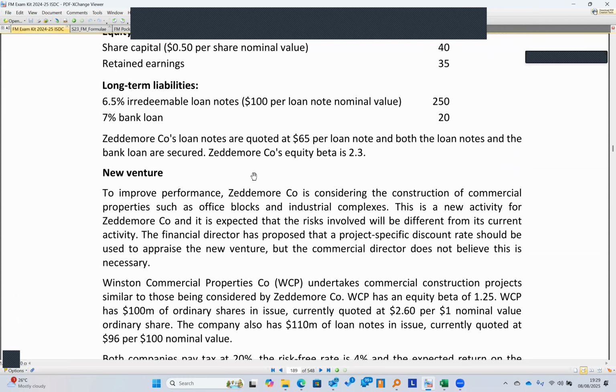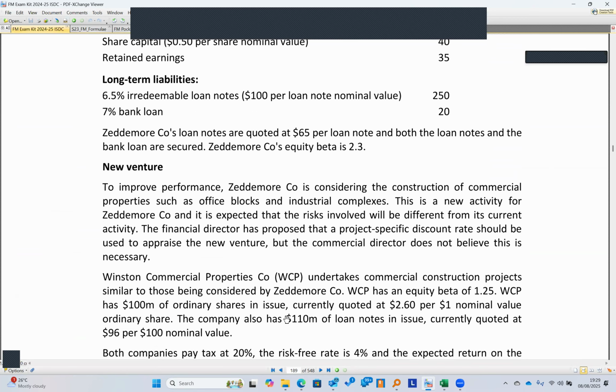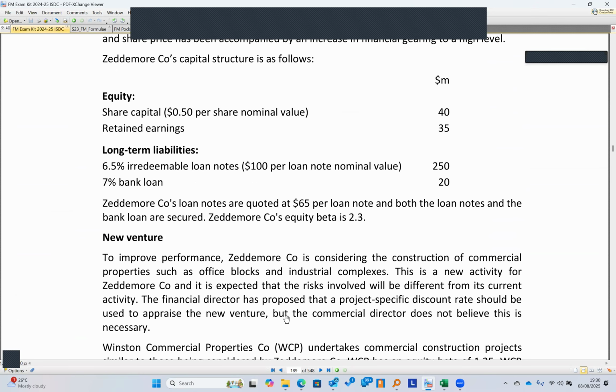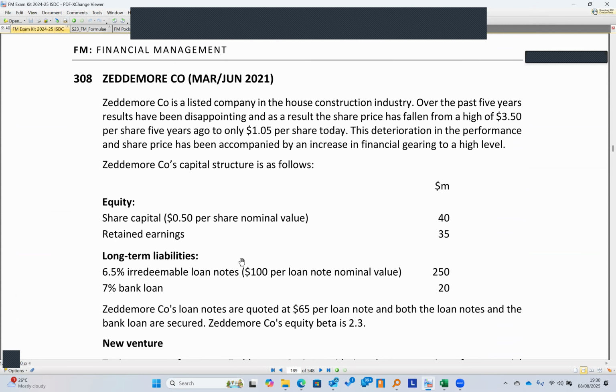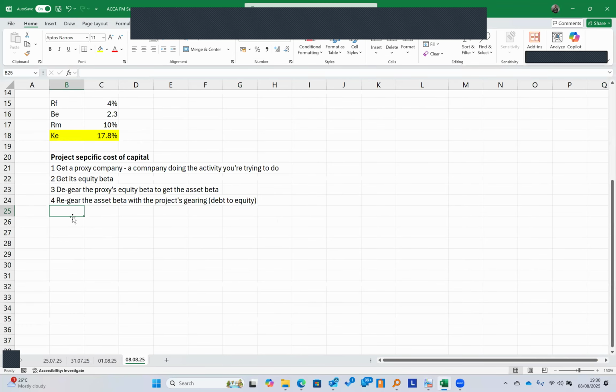So we remove the debt to equity ratio of Winston from the equity beta which is given, and then we can put in Zeddemore's so that we can get the project specific cost of equity. And from there, step 5 is use the capital asset pricing model to get the cost of equity.